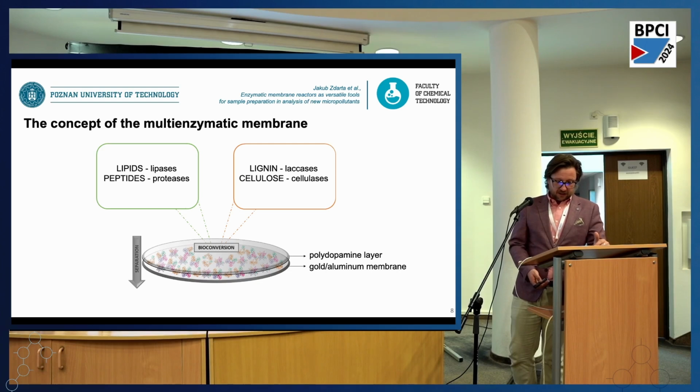The idea here is enzyme co-immobilization, and after that covering the membrane with a polydopamine layer. We would also like to produce layer-by-layer membranes, and to first modify the nanofiltration or ultrafiltration membranes to efficiently immobilize the enzymes.